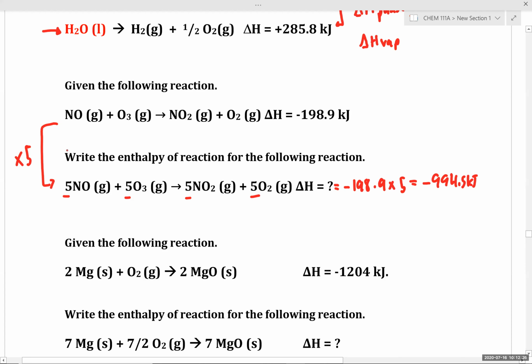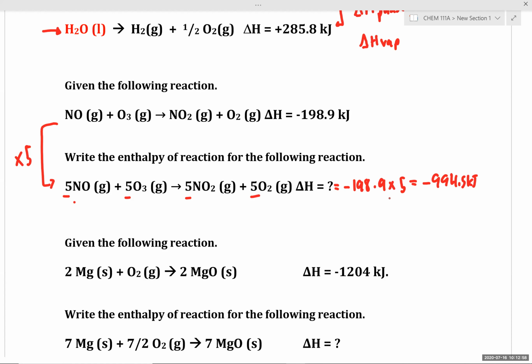Because looking at our coefficients, what have all of our reaction coefficients been multiplied by when we went from this top equation to our bottom equation? By 5. Yep, and because we multiplied all of our coefficients by 5, our enthalpy overall for this reaction also gets multiplied by 5.